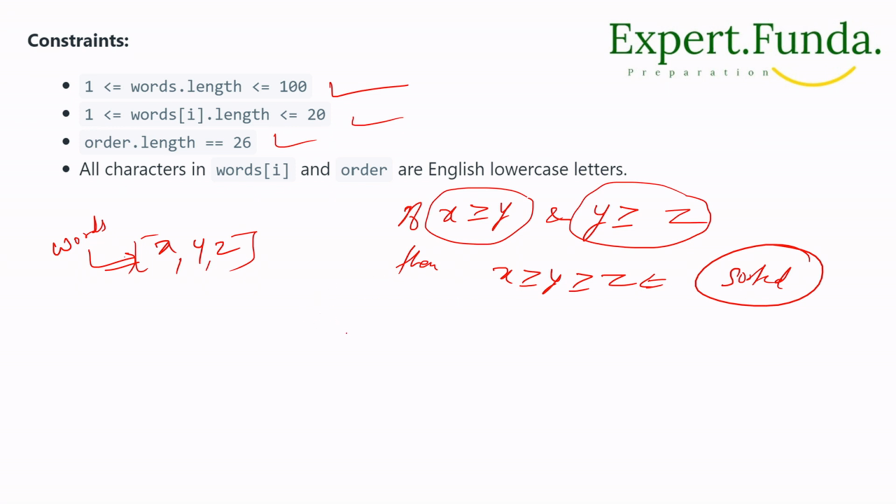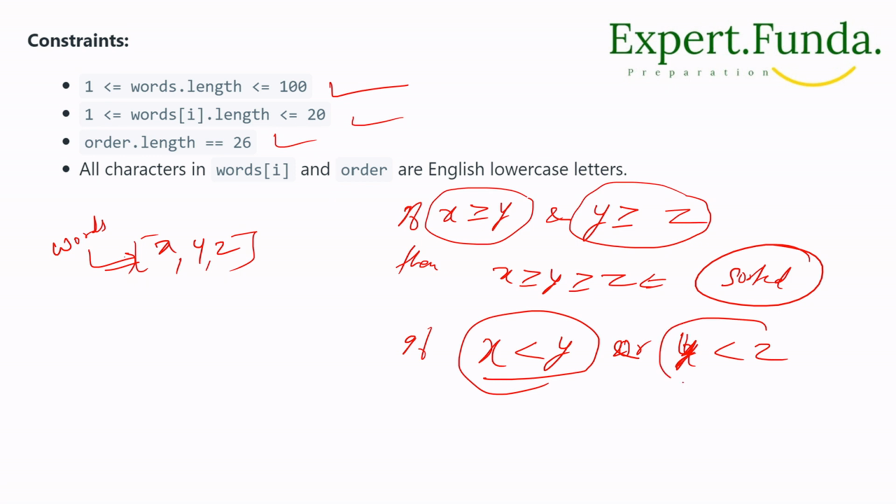But if x is less than y, or, you can say, y is less than z, right? So if x is less than y and y is less than z, then they are not sorted.